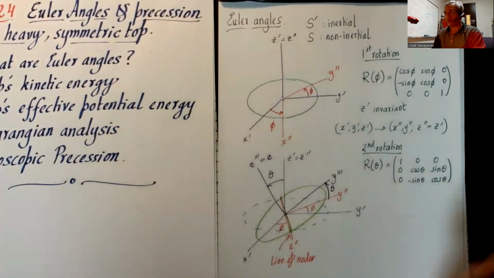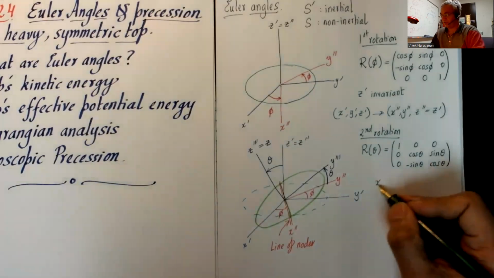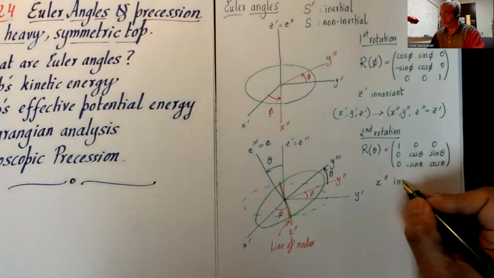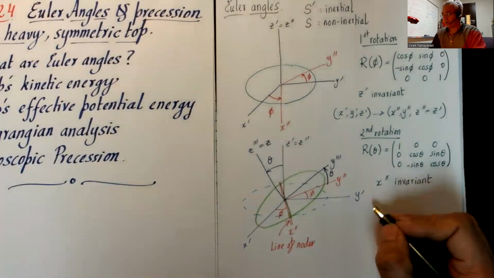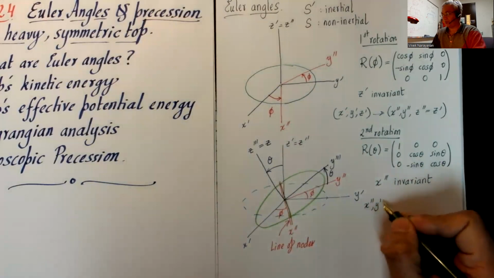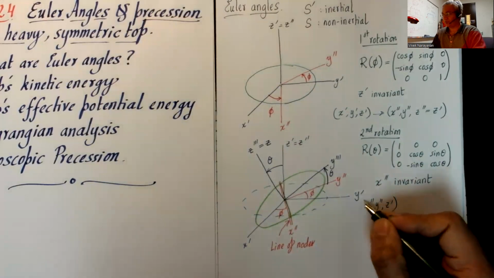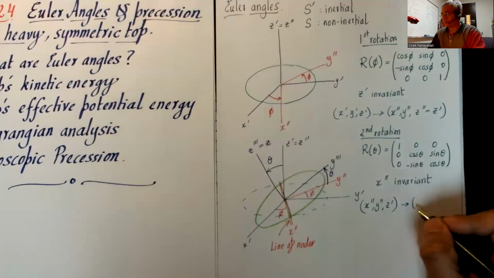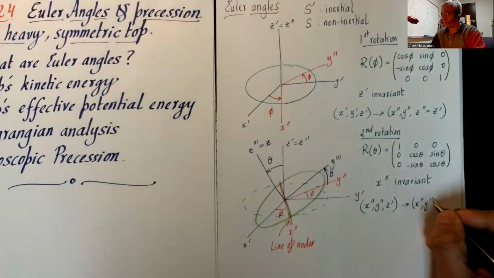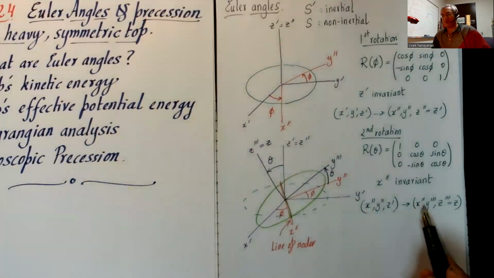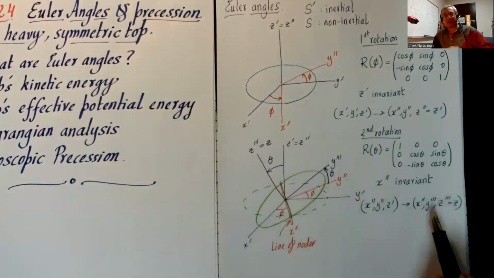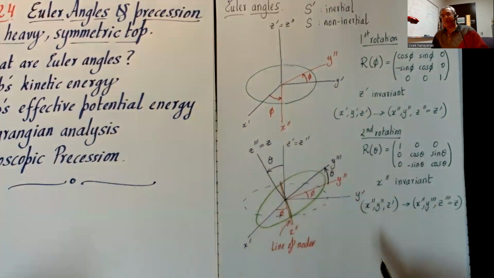All these are counterclockwise rotations. So in this case, the x double prime axis is the invariant axis. And I've gone from x double prime, y double prime, z prime to x double prime, y triple prime, and z triple prime, which is my target destination for the z-axis. Now I have to take x double prime and y triple prime to their final destinations.